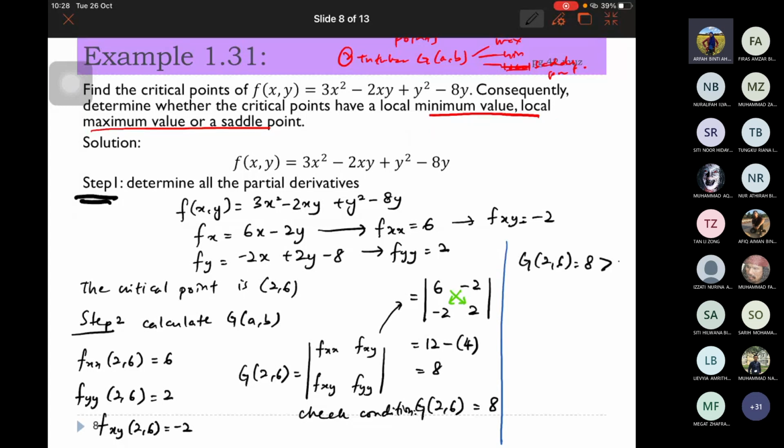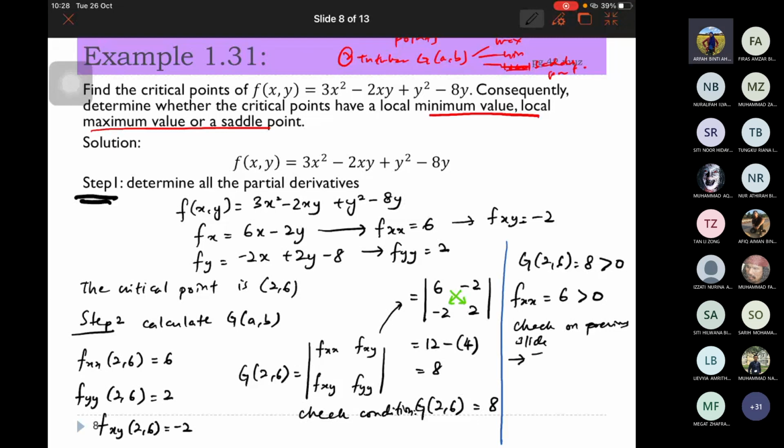Juga lebih besar daripada kosong. Check on previous slide. Okay. So kita dapat 2, 6. Therefore 2, 6 is a local minimum value.